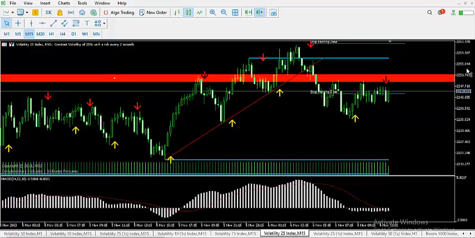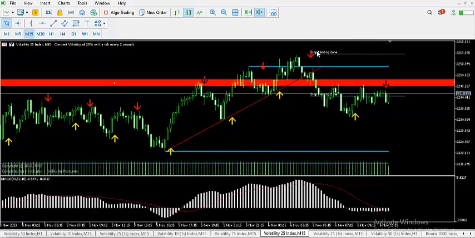You can see that there is an indicator that is telling us this is a stop hunting zone. So from here down here is a stop hunting zone, which volatility 25 has finished. So the stop hunting is done right now. So you can see that this trend line has been broken down.